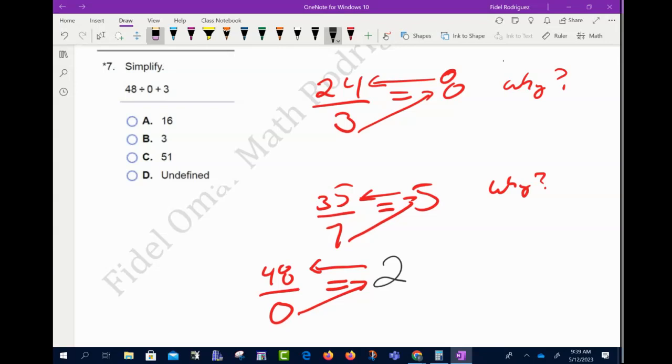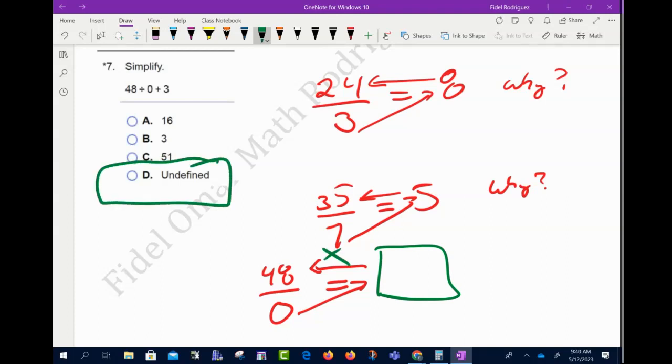Okay, no, I'm just kidding again. Do you guys see that no matter what number I put in that box, I'm never going to get what? Okay. That's why it's undefined. We can never divide by 0 because 0 times something will always give me 0, but it'll never give me that number 48. Does that make sense? Yeah. Okay.